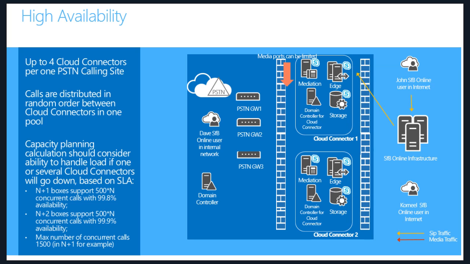You see the next hop that we go through here is as the call comes into Edge. Edge will then send it to its next hop mediation that you see here inside of that Cloud Connector appliance. And then based on the configuration that we've put inside of the Cloud Connector INI file, we'll know which mediation server and which gateway pair we can talk to so that we can route that particular call outbound as appropriate.